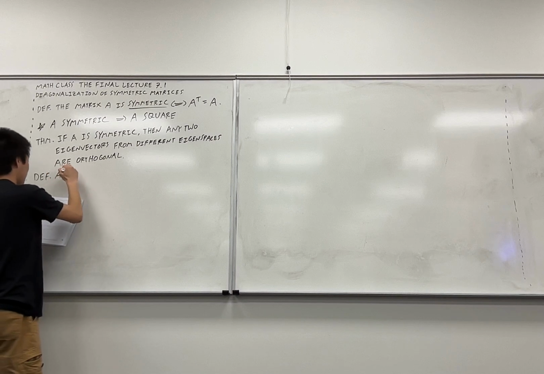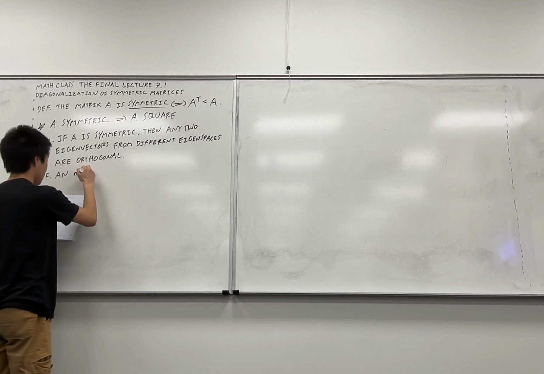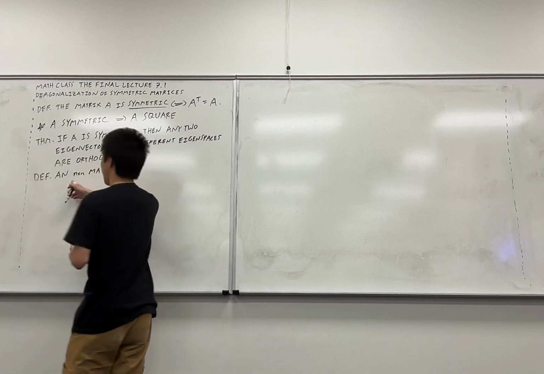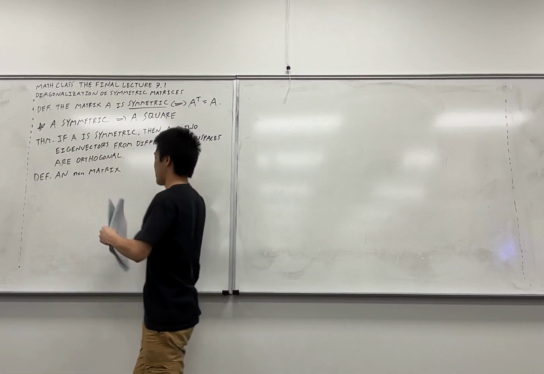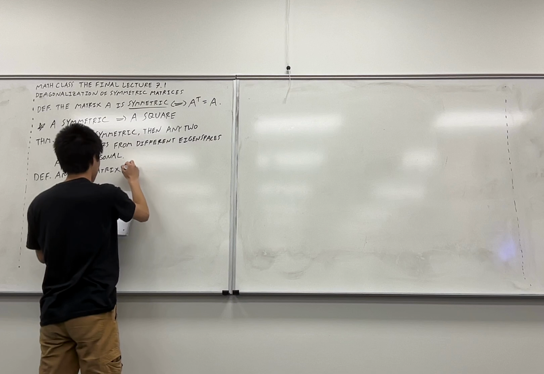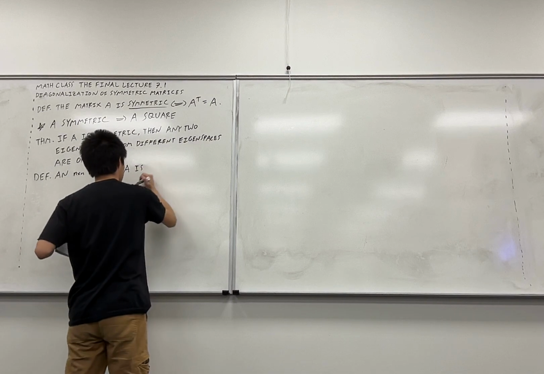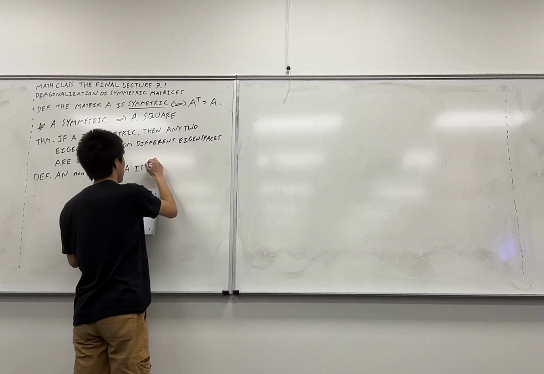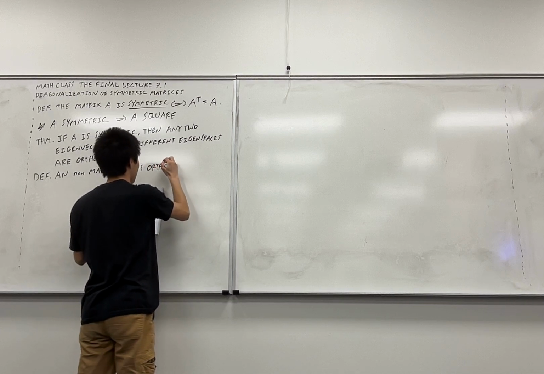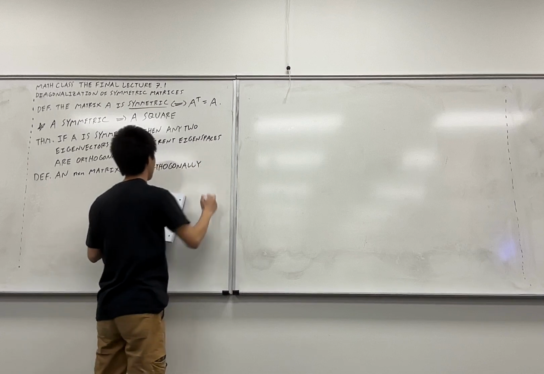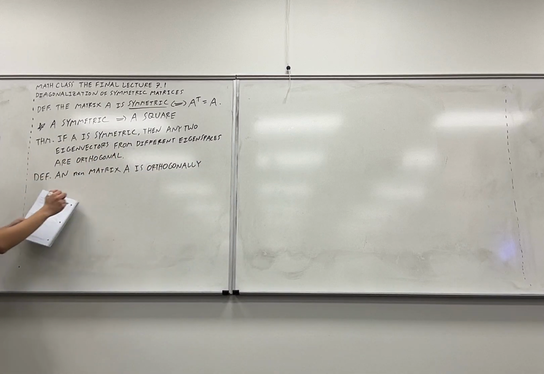An n by n matrix. Notice how n by n is a square matrix. A is, and here's your jargon to scare your siblings with, orthogonally, everyone say orthogonally. And then we combine orthogonally with diagonalizable.